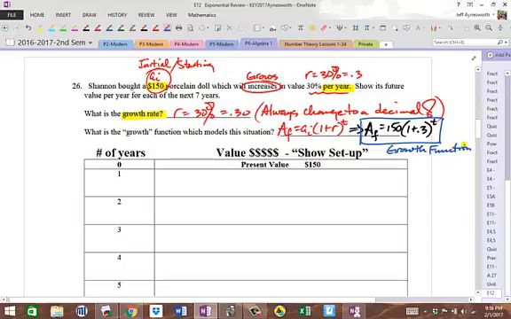Now what I want to do is understand that t is the number of time periods, which is years in this case, because it says it grows 30% per year. So t is equal to the number of time periods, or number of years. Okay, so let's figure out the future value.